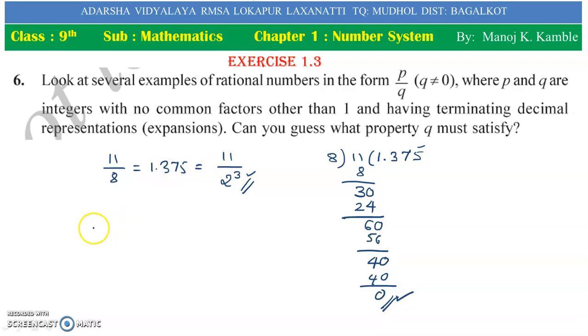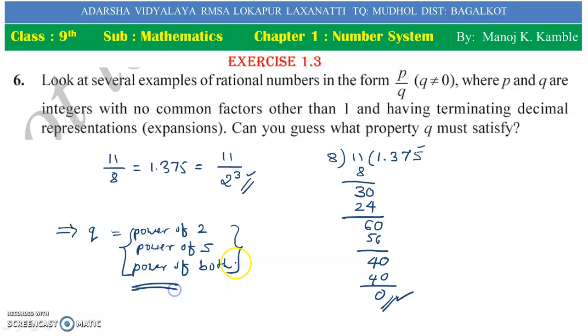So the answer for this is that the property q must satisfy is that q must be equal to a power of 2, already I told, power of 5 or power of both the numbers. So this is the answer, and these are the examples for clarification.